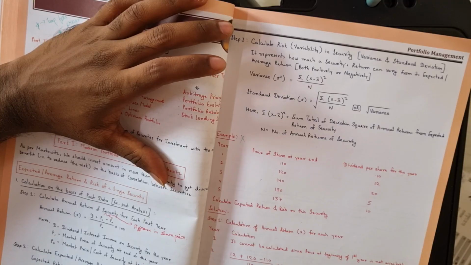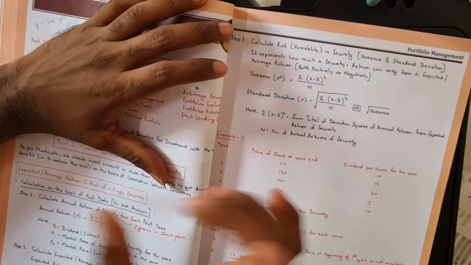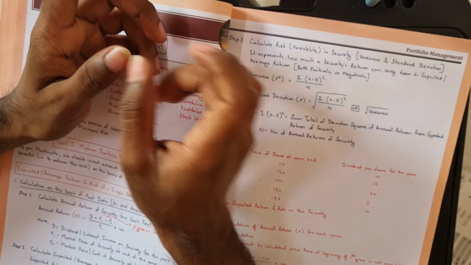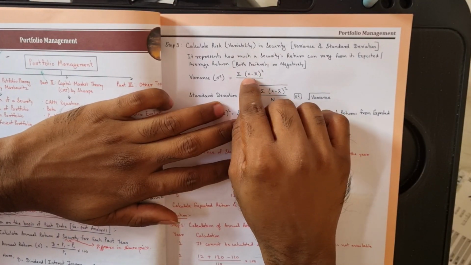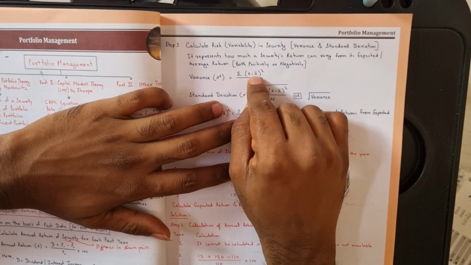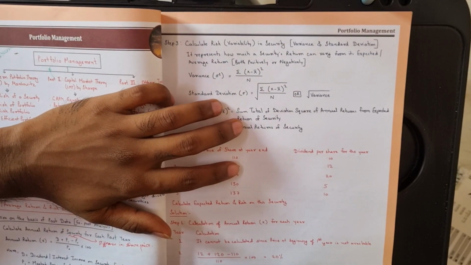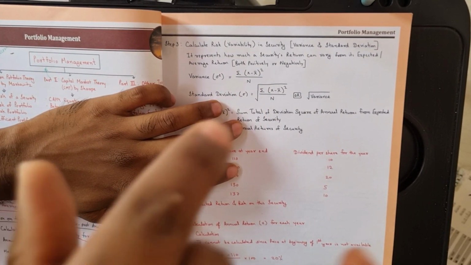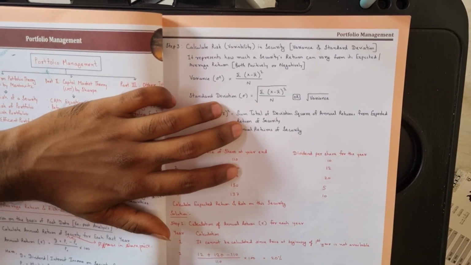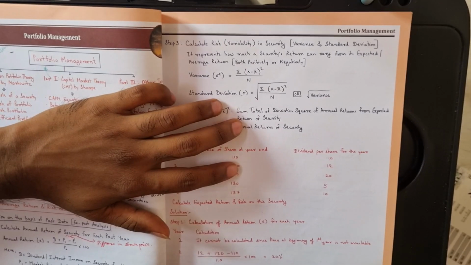Now we will see variance. Variance means the deviation of actual return minus your expected return. So we do actual return minus expected return. Now when you do that, it will come to 0 every time.